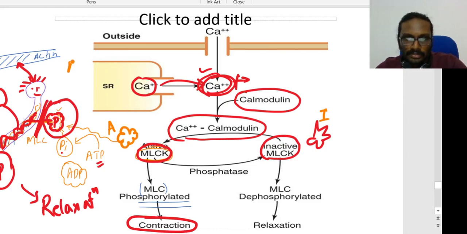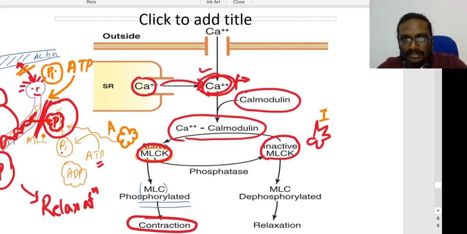I hope you remember this. A fresh ATP coming and attaching to the myosin head is going to block or cut the connection between actin and myosin. But then when the ATP breaks down and it gets its high energy phosphate, again it uses this phosphate, and it again makes the reaction. This was what was happening in skeletal muscle.